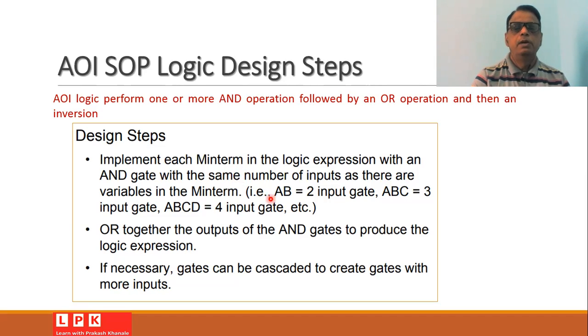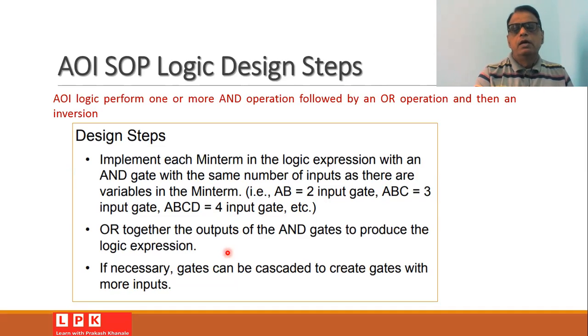For example, if the minterm consists of two variables such as A and B, then we will require a two-input gate. If the minterm consists of three variables such as A, B, C, we will require a three-input gate. And if the minterm consists of four variables such as A, B, C, and D, we will require a four-input gate. Then the outputs of the AND gates need to be ORed, and we connect the NOT gate to the output of the OR gate.